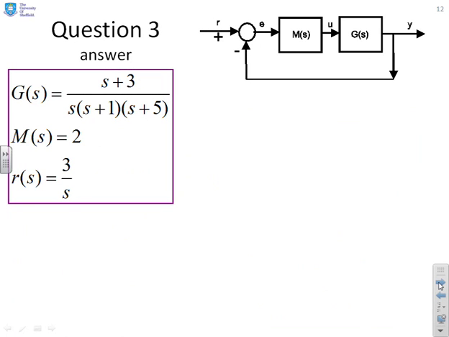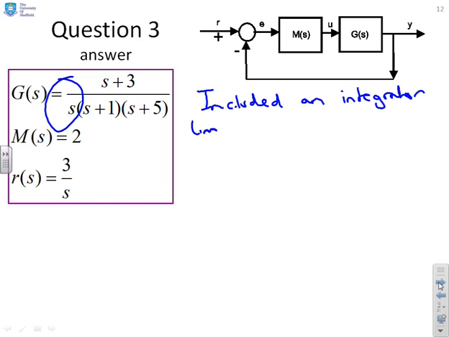Question 1 then. So I've got (s plus 3) over (s plus 1)(s plus 5), 2, and 3 over s is the target. Now the first thing to note here is we've included an integrator. And therefore the limit as s goes to 0 of 1 over 1 plus g of s m of s equals 0.